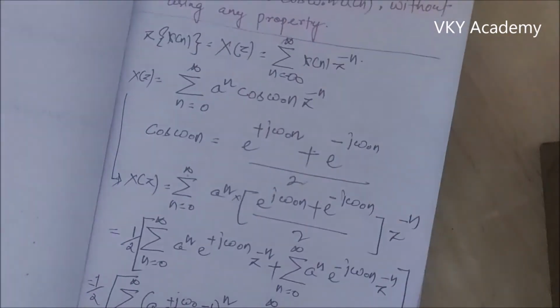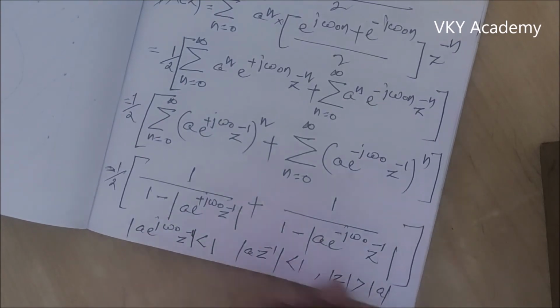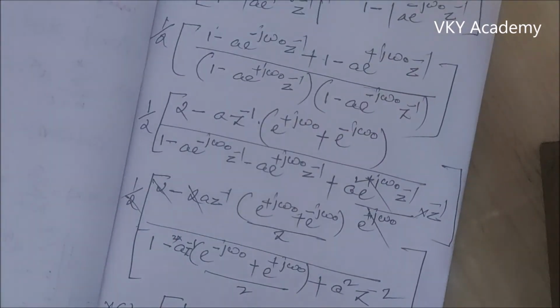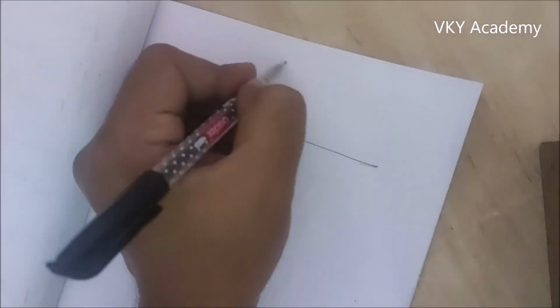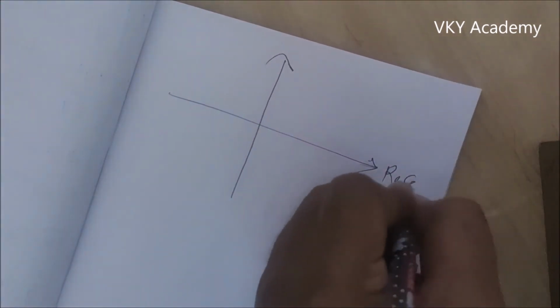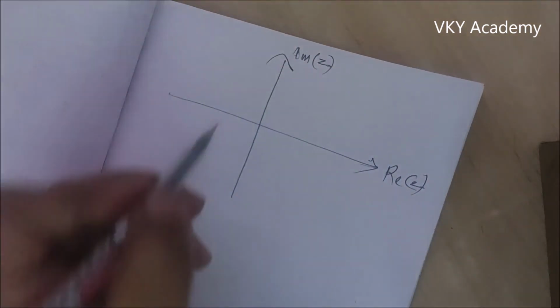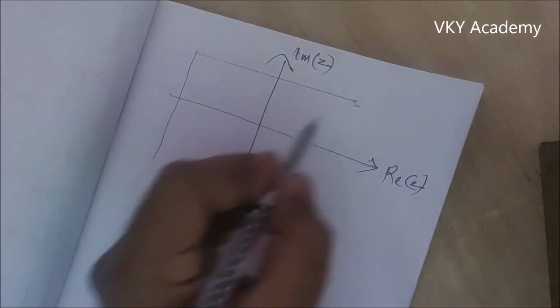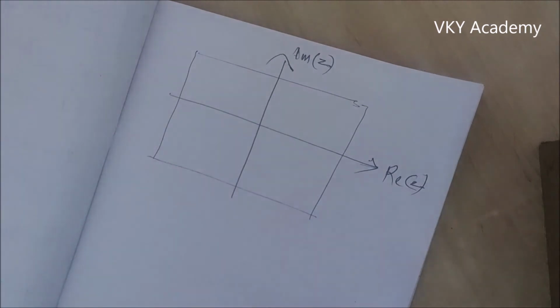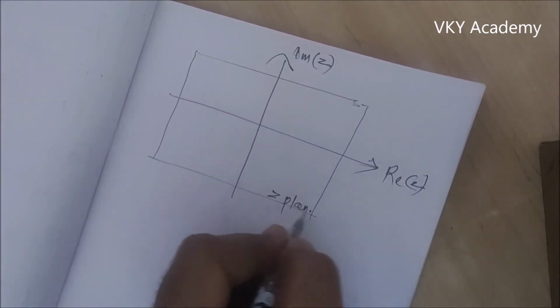Now from this ROC condition we know mod z is greater than a is my ROC. So we can directly draw the z plane. This is real z and this is imaginary z, and this is a hypothetical rectangular box, and this plane is the z plane.